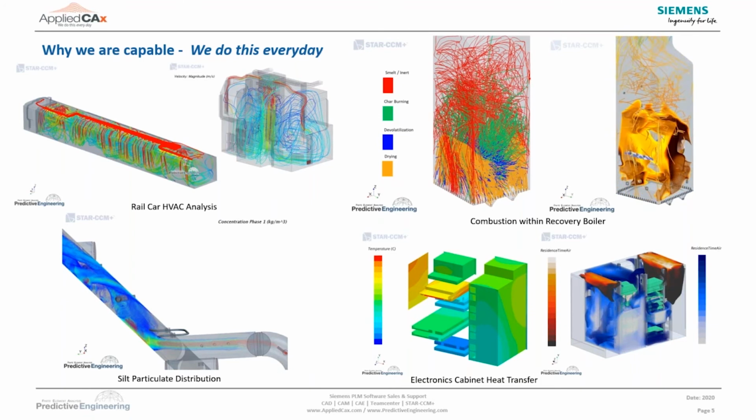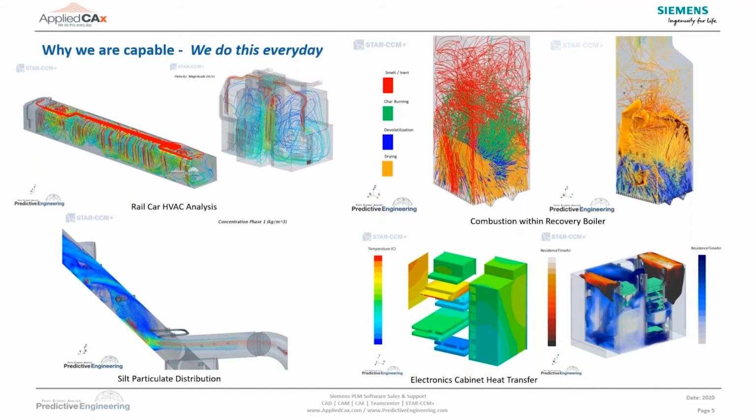These are real consulting projects where we're using STAR and trying to get real engineering answers and solutions. One here in the top left was a rail car that we did the HVAC analysis on. It was full thermal heat transfer. We had electronic loads, electronic cabinets on either end of the vehicle that we also had to consider.